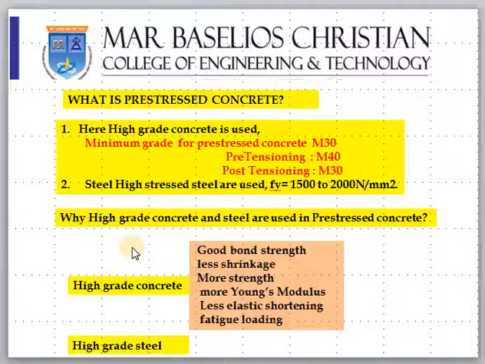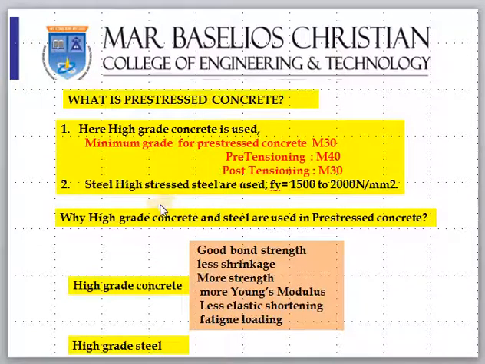Once the concrete is set and you cut the steel, there will be a slip between the concrete and the steel. You are supposed to get 1500, which you stressed initially, but because of the slip, instead of 1500 you may get only 1200. So 300 Newton per millimeter square will slip, it is a loss due to slip.